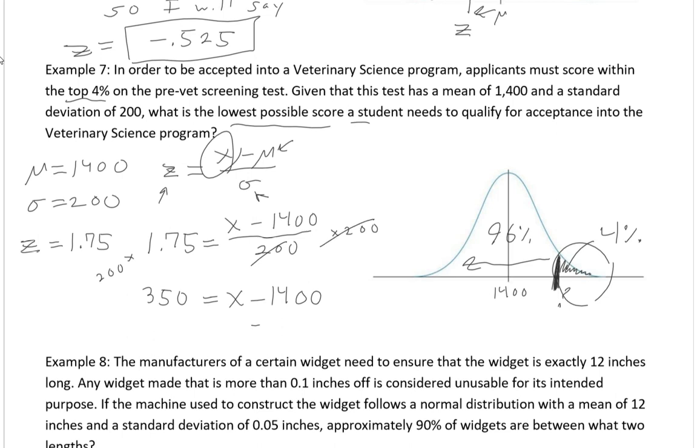And then if I add 1400, I should get an x value of 1750.